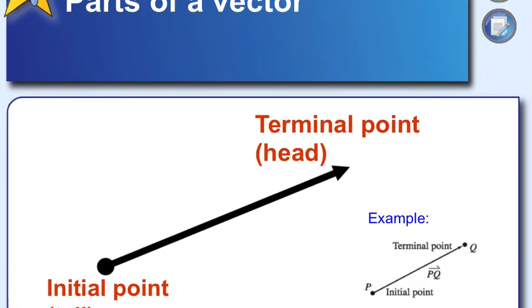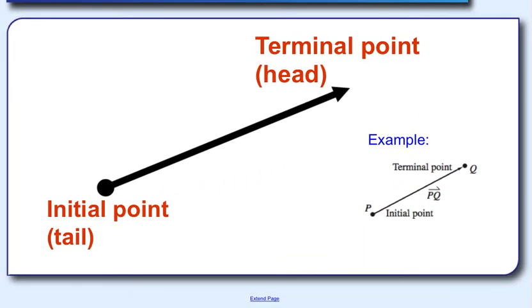The pieces to your vector. The first part is the initial point. Some textbooks call this the tail. And then the terminal point, the head. So here's an example of a vector.